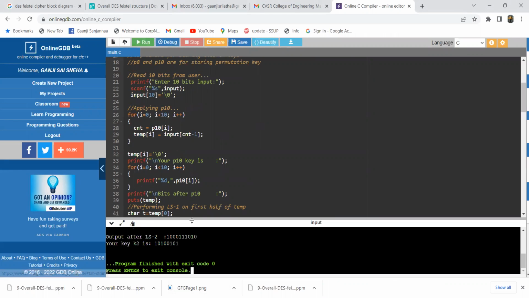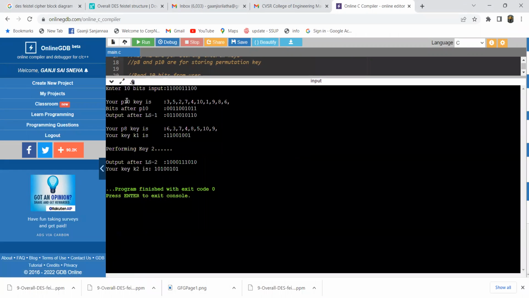And this is the information, your p10 key. The output after p10 is this, and the output after ls1, left shift once, and this is the p8, this is k1. And for performing k2, this is 1. After doing the left shift twice on both sides, we end up with this one.